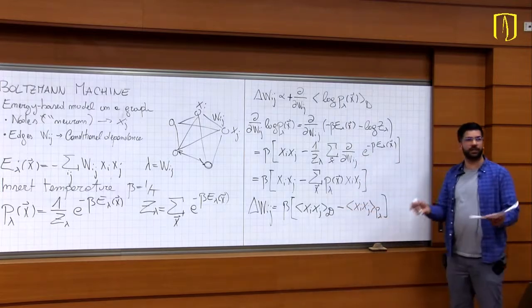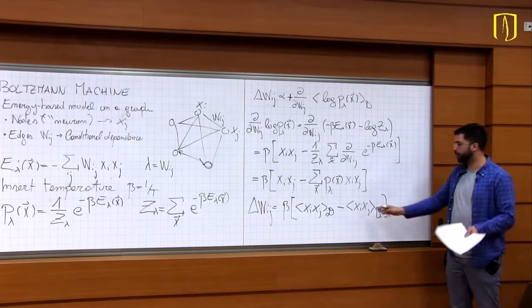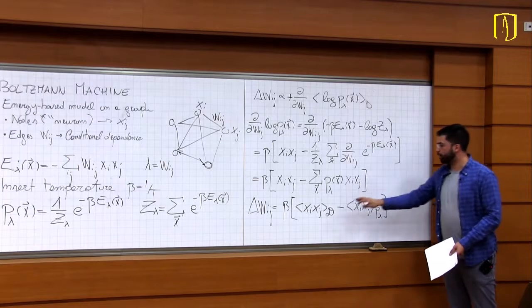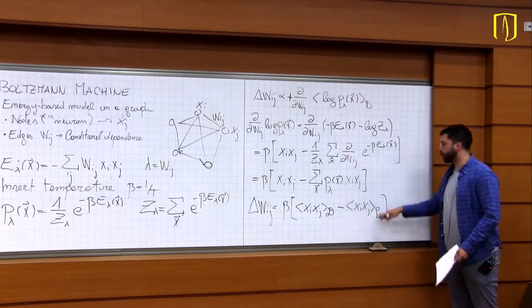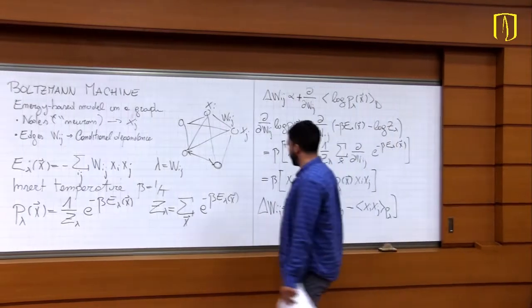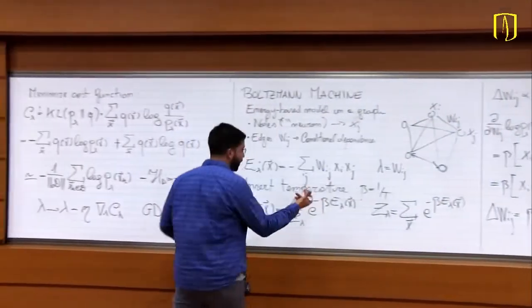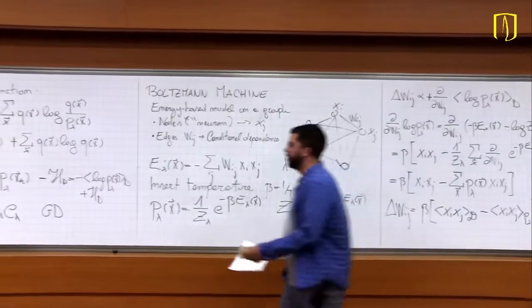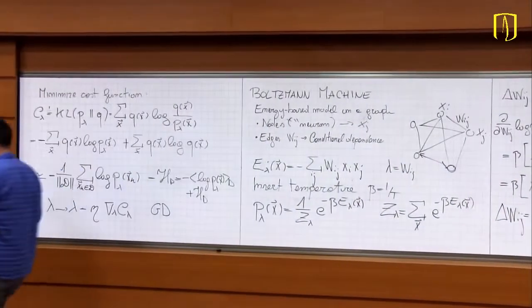So you see that this is the difference between the average correlation function from the data set and the one calculated with respect to the model. And this is very important, it's going to be essentially the same for the restricted Boltzmann machine, but we're going to have latent variables.